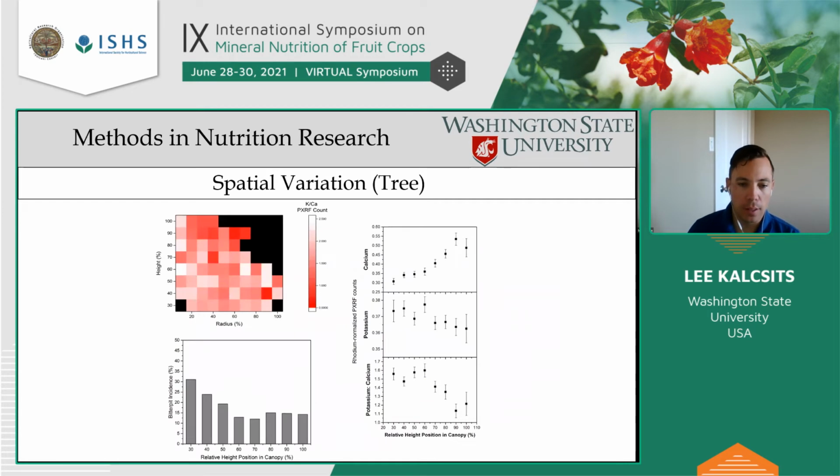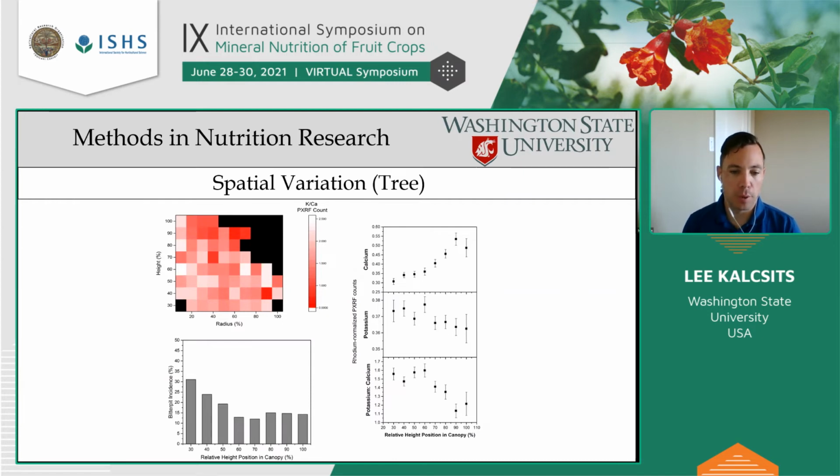One thing that the portable X-ray fluorometer allows us to do is look at spatial variation within the tree. Traditional analysis is difficult because you can't do as many replicates, and there's a lot of processing involved in measuring those samples.